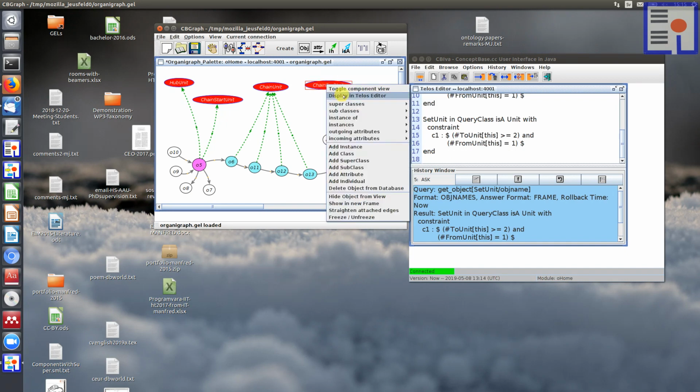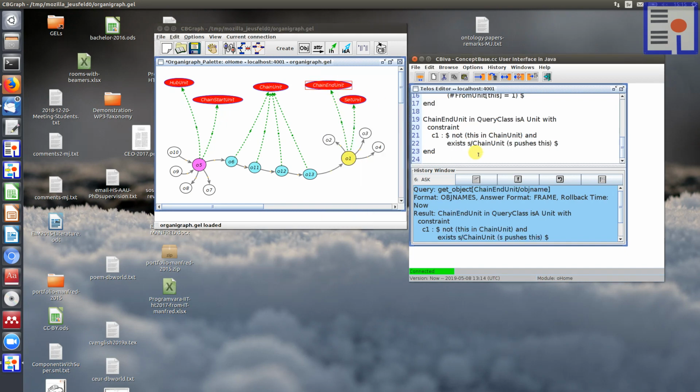Finally, a chain end unit. So it's not a chain unit, but there is a chain unit that has this unit as output. So pushes is the name of the gray link here, that something is pushed from one unit to the other.